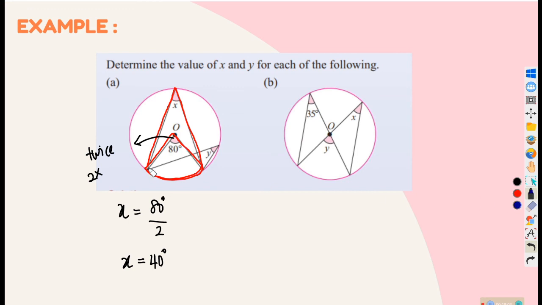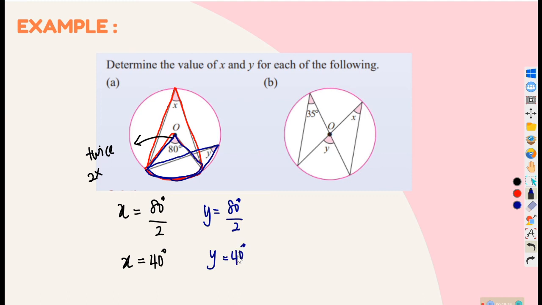You go to the circumference, and then going to the same arc here, then goes back to the center, going to the same arc. So actually this one is also the same. y is equal to 80 degree over 2, so y is equal to 40 degree.